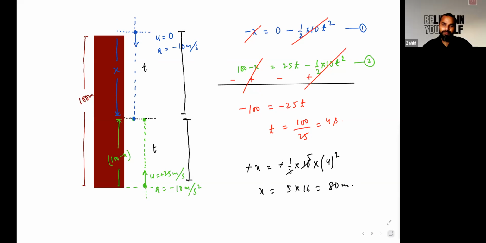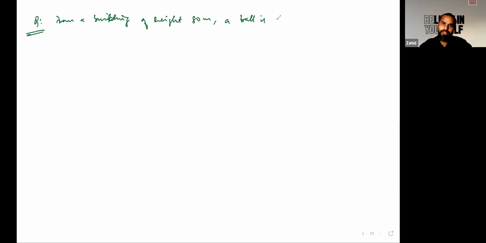I'm giving you one more problem related to this. Suppose from a building of height 80 meters, a ball is dropped.